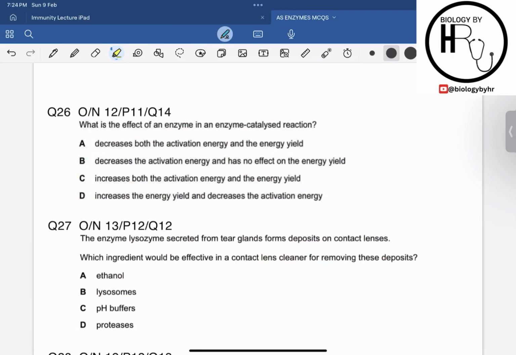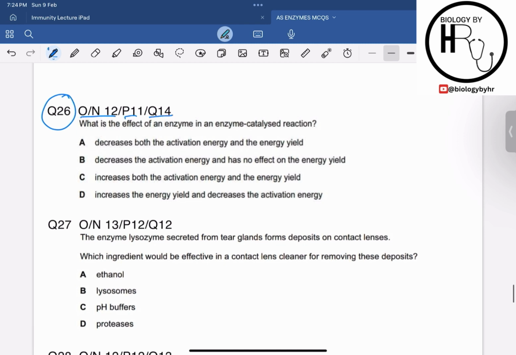Alright, so now let's move on to question number 26, which is from October-November 2012, paper 1-1, question 14. It says, what is the effect of an enzyme in an enzyme catalyzed reaction? We know that enzyme speeds up the rate of the metabolic reactions in our body by lowering the activation energy, right?